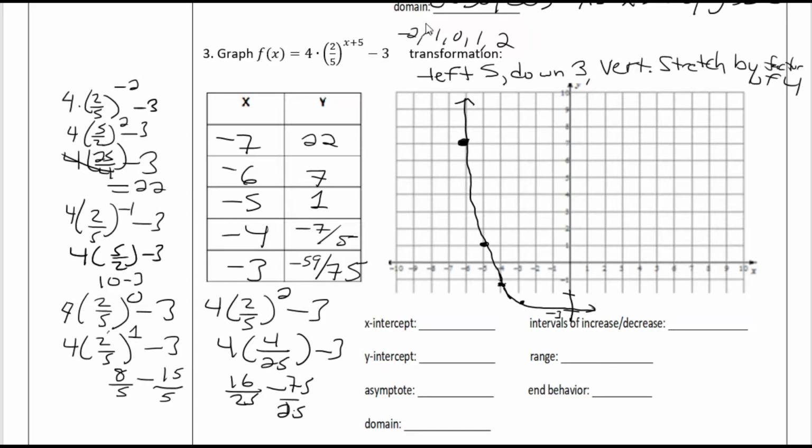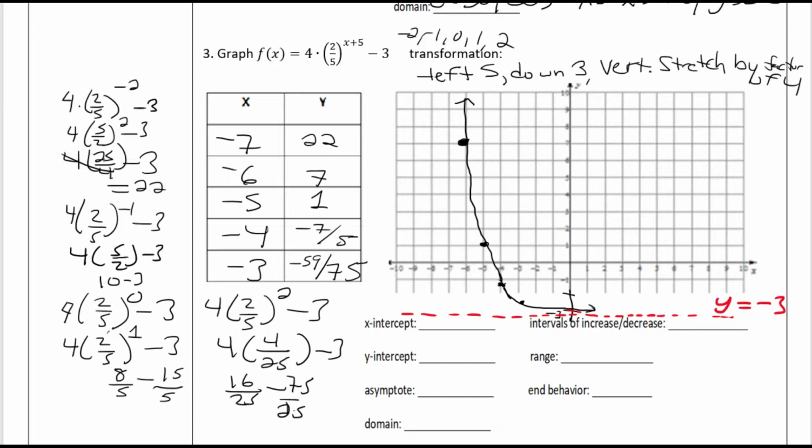Based on the graph, it looks like it's trying to approach negative 3. So that means that negative 3 is my HA. So y equals negative 3.